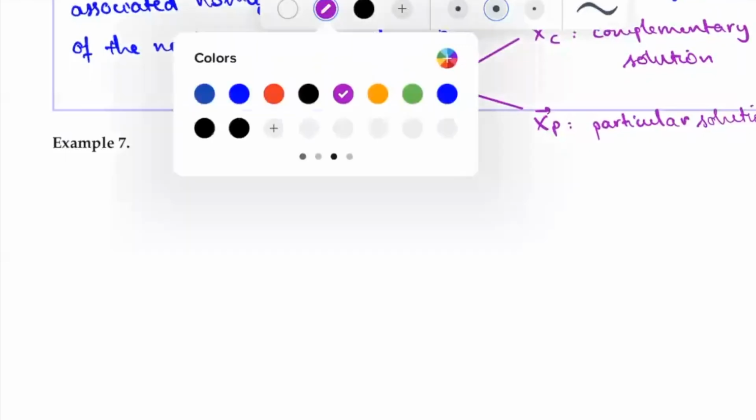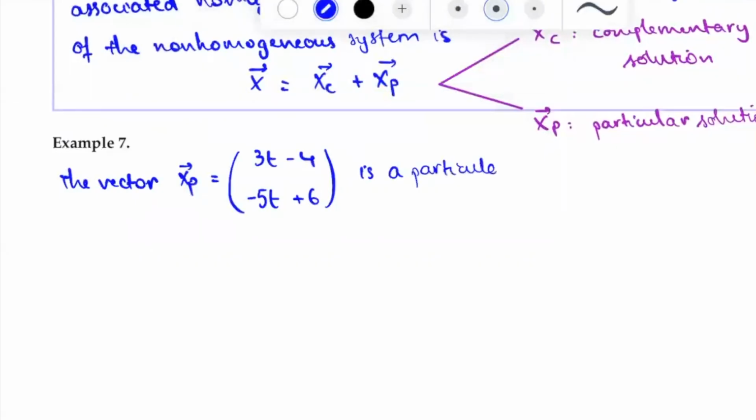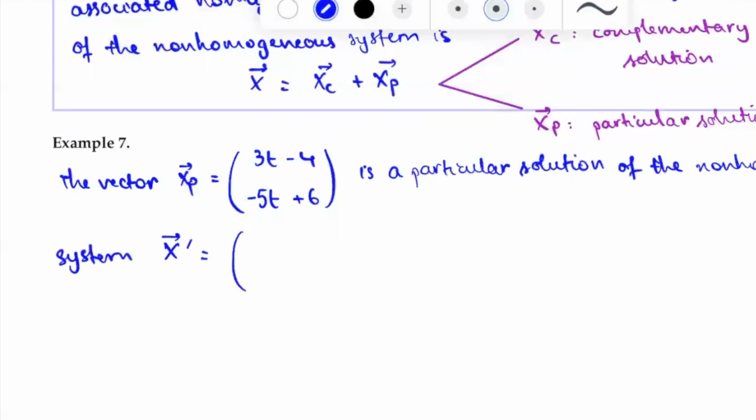So the vector xp equal to (3t minus 4, negative 5t plus 6) is a particular solution of the non-homogeneous system, that is x prime equal to the 2 by 2 matrix (1, 3; 5, 3) times x plus the non-homogeneous part (t minus 11, minus 3).